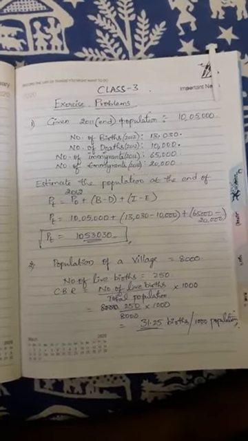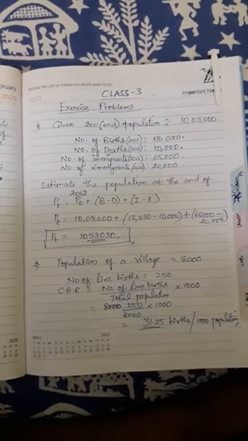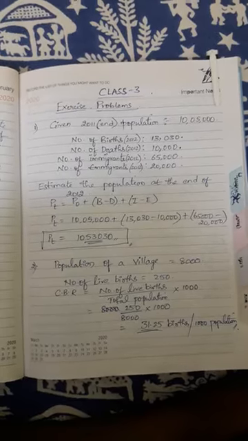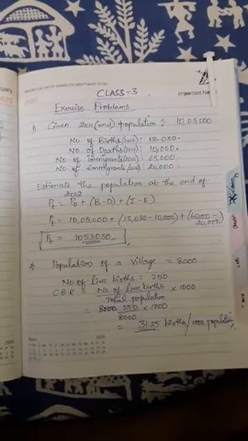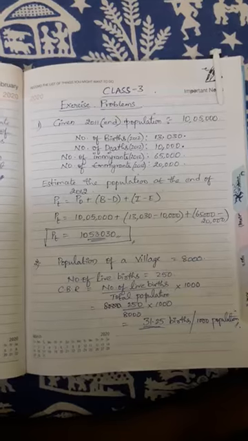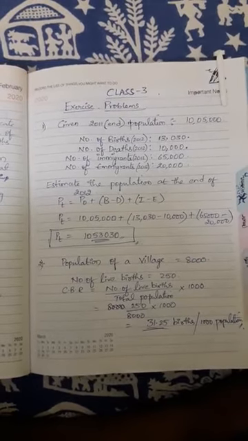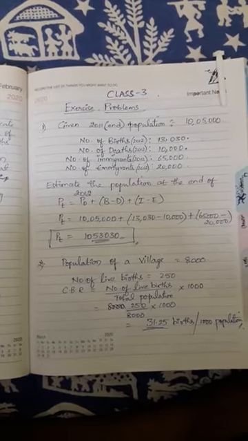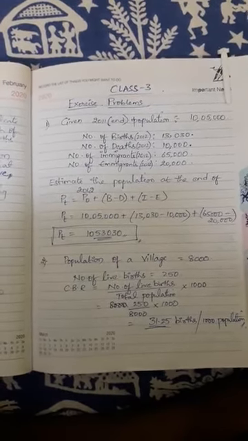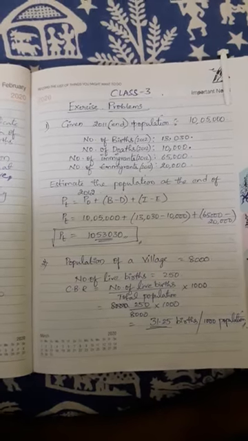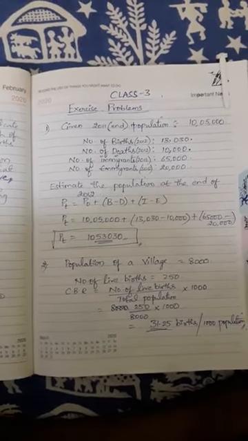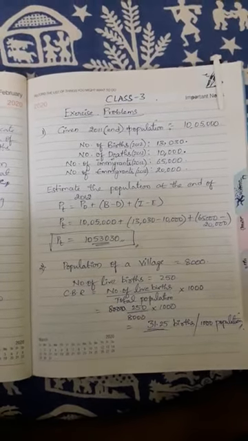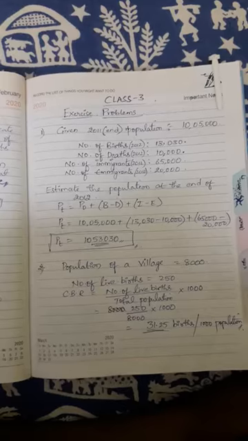Substitute all the terms. Pt equals P naught plus births minus deaths plus immigrants minus emigrants. Substitute P naught, the 2011 end population, 10,05,000. Births minus deaths. Births are given and deaths are given. Substitute. And immigrants minus emigrants. Substitute. After all these substitutions, you will get the population at the end of 2012 as 10,53,030.